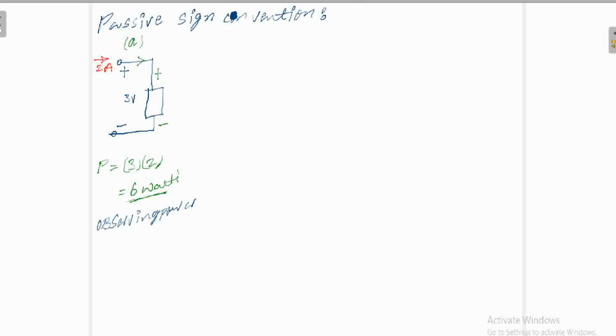Now let us take one more example, B. Here this is an element.